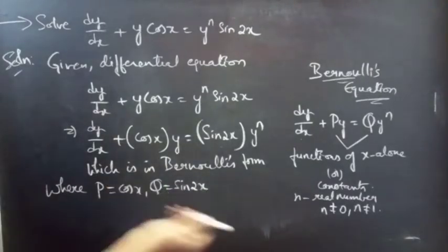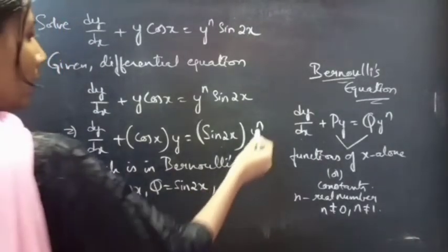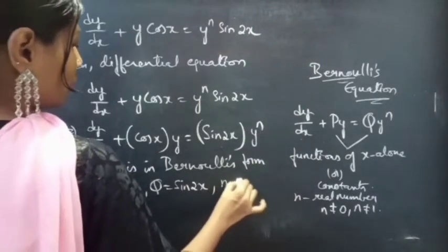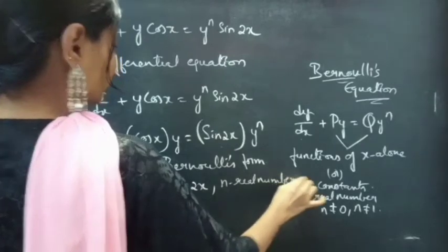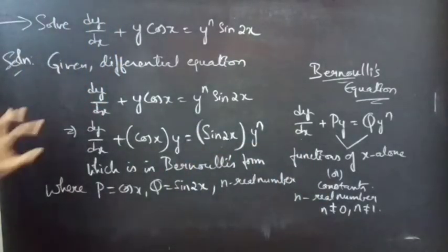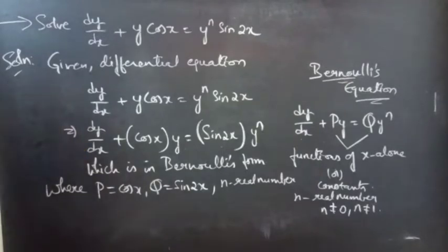So here P and Q are called functions of x alone, and for a real number n, you can say that we are given a Bernoulli's equation in y and x, right?